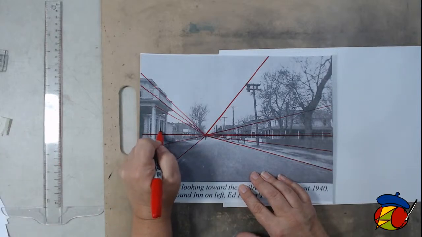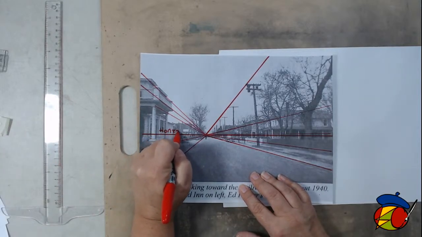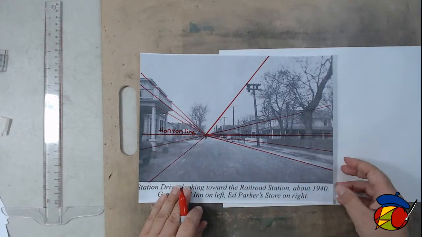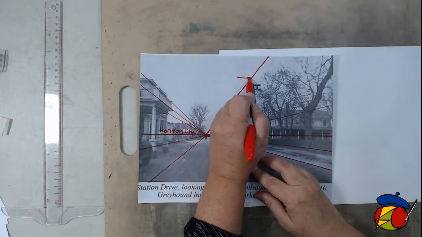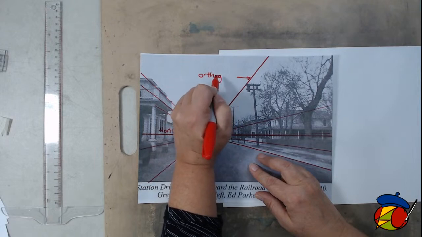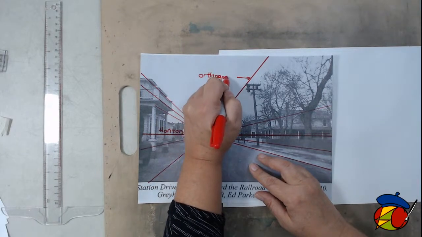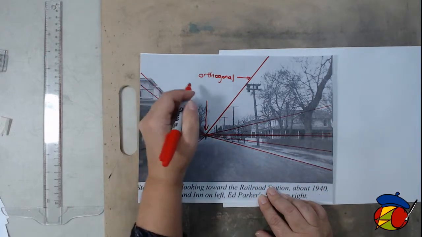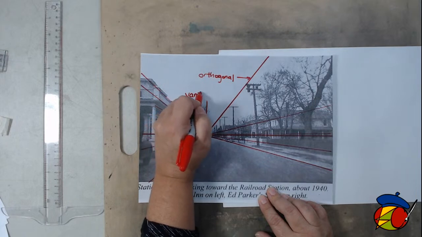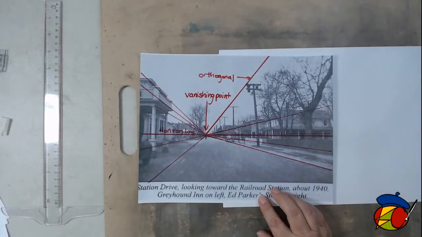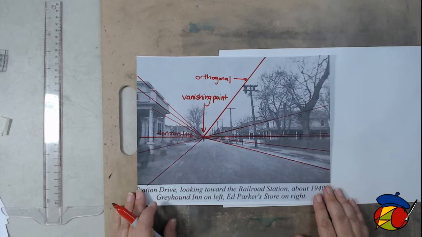And I'll write that right here. That's the horizon line. And here, that's an orthogonal. And here is my vanishing point. There we go.